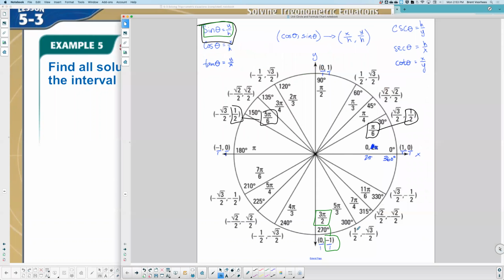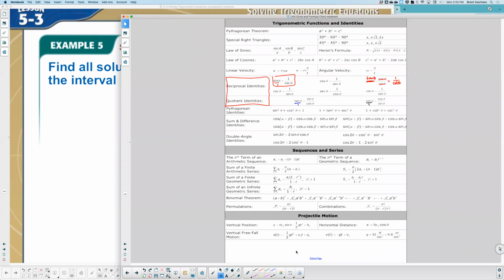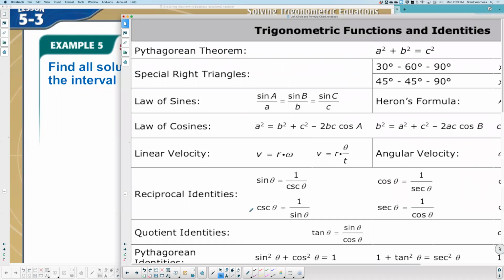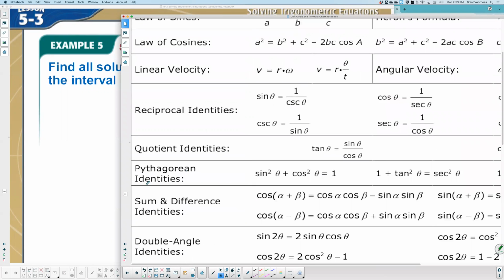I'm going to talk about cosine squared here. And on the formula chart, what we can say about cosine squared on Pythagorean is that cosine squared would be equal to 1 minus sine squared.